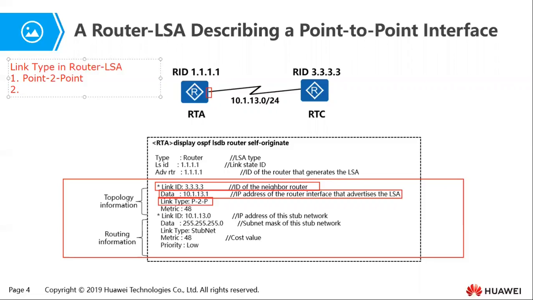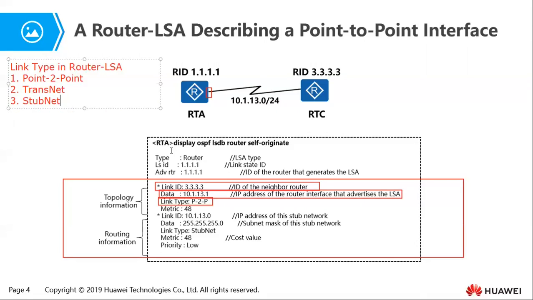Number 2, we have what we call a transnet. Number 3, we have what we call a stubnet. So you must understand these 3 link types.